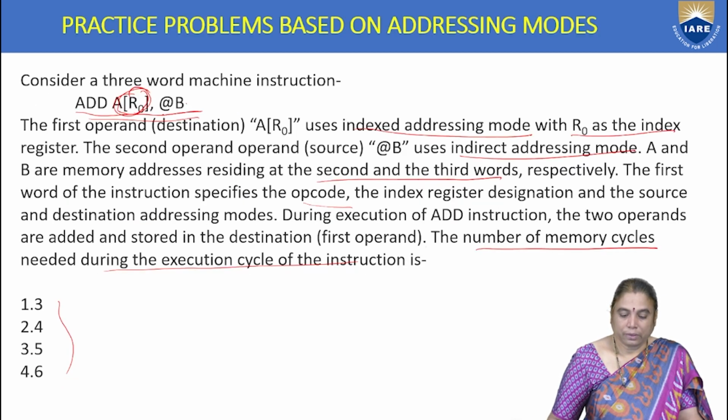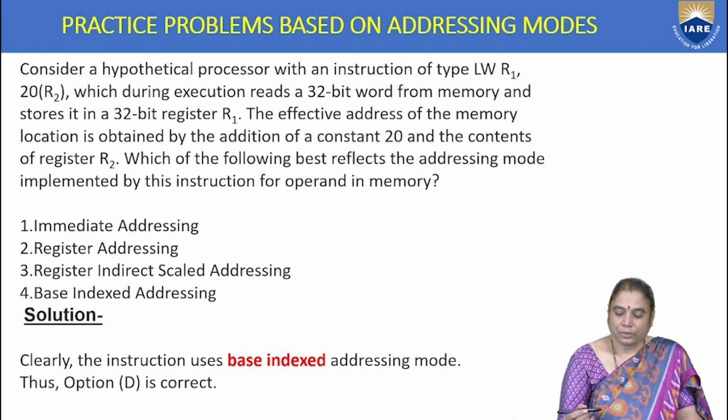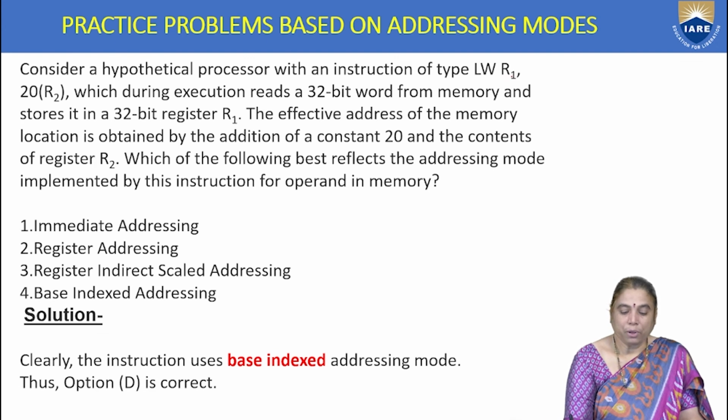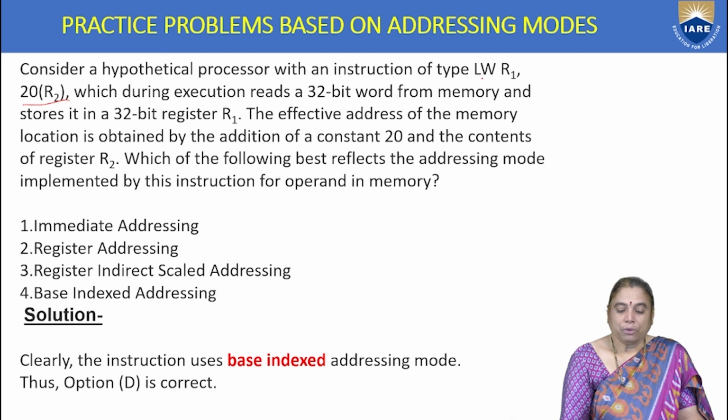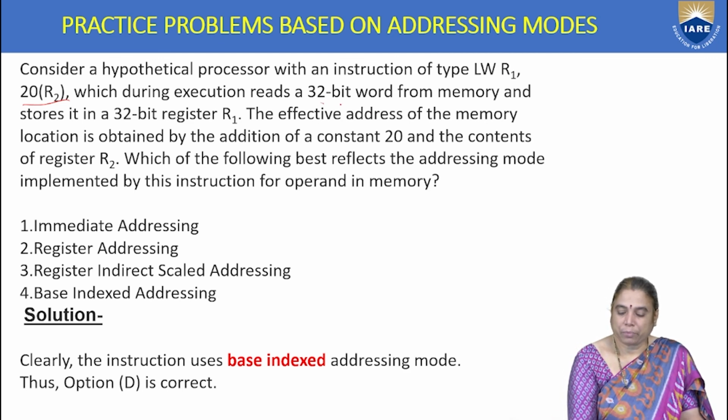to execute this instruction. Next, consider a hypothetical processor with an instruction of type LW R1, 20(R2). During execution, this instruction reads a 32-bit word from memory and stores it in the 32-bit register R1.